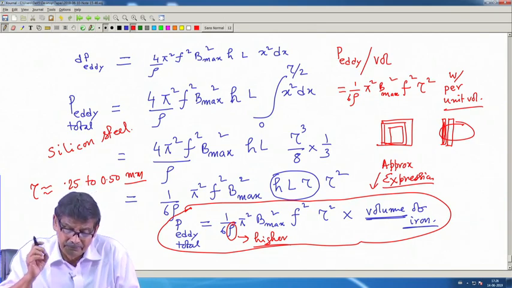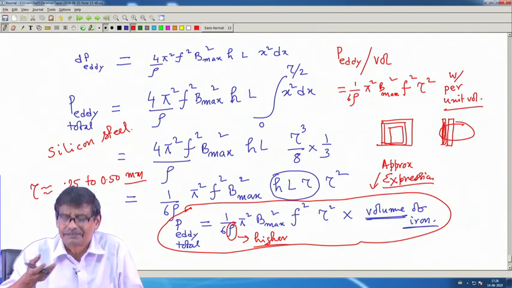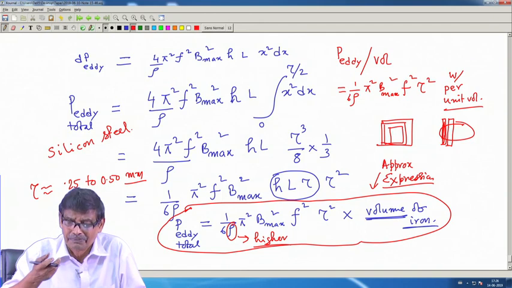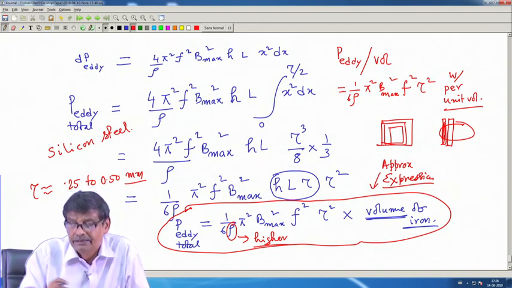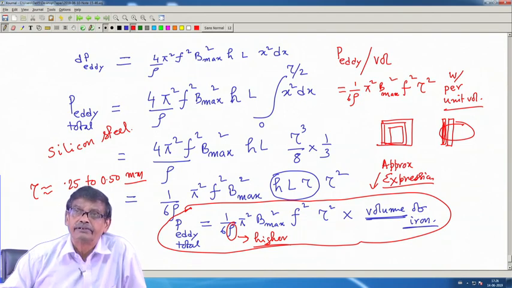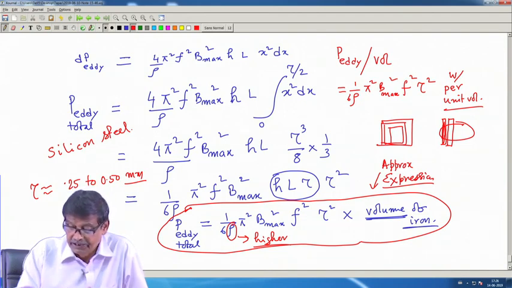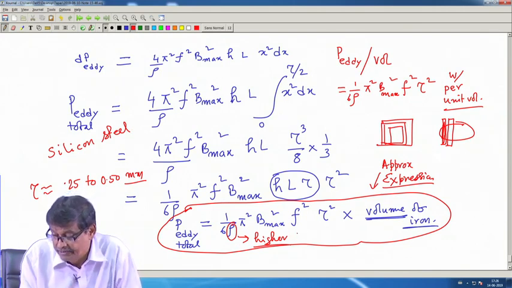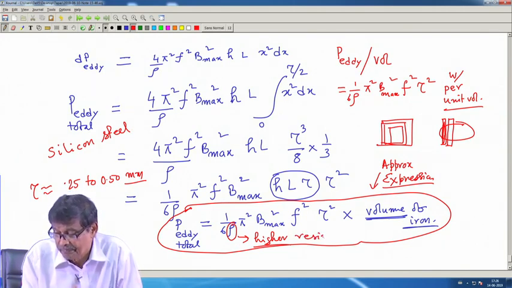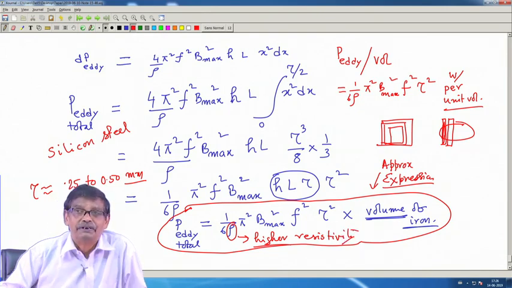Add some small quantity, exact percentage I do not remember, you can see a design book, add silicon to ordinary iron steel and make a special type of iron which will give you higher resistivity to reduce the loss.